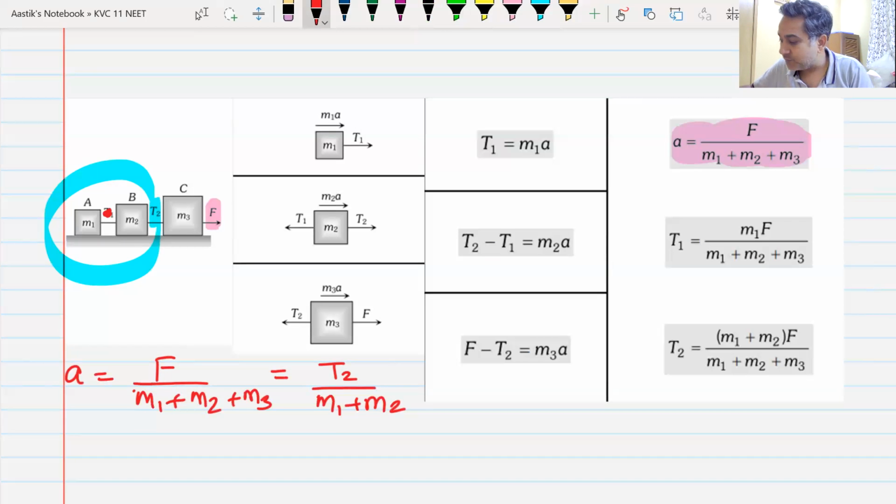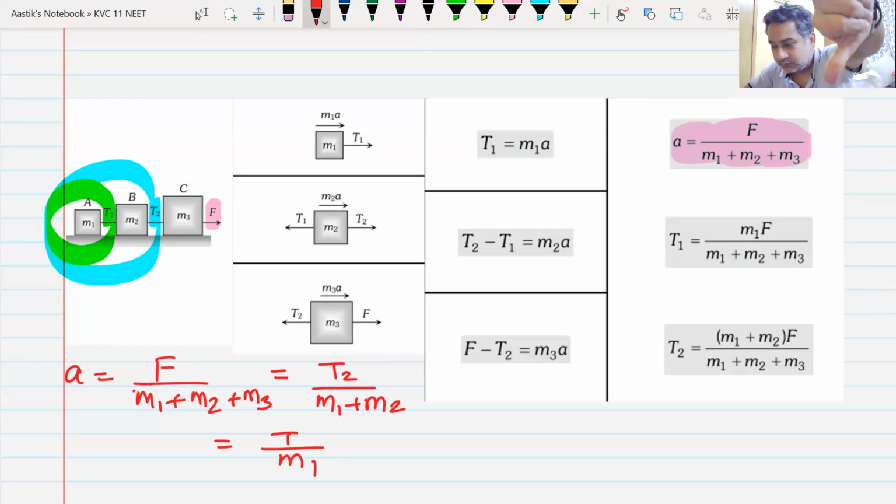This T1 is pulling what? It is only pulling M1, yes or no? So that will be equal to T1 upon M1. Now you can get the values of all these things together. Do we understand this? Yes, sir.